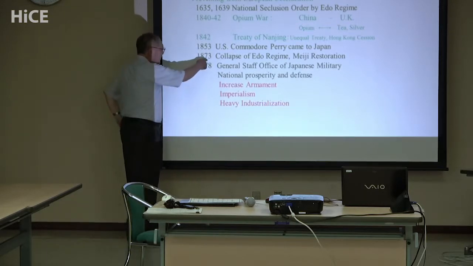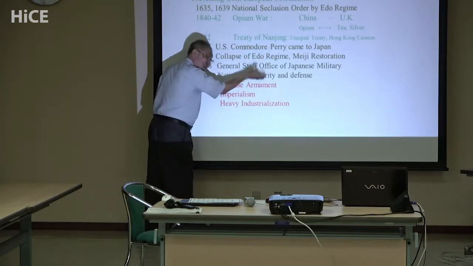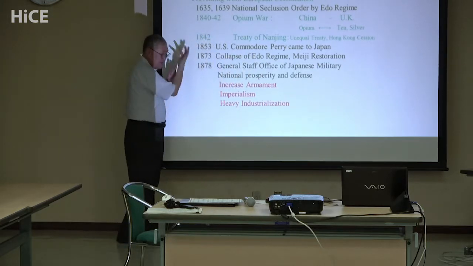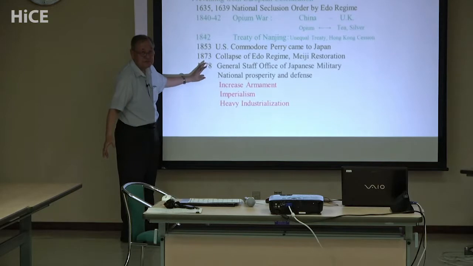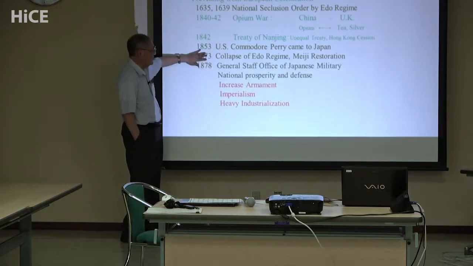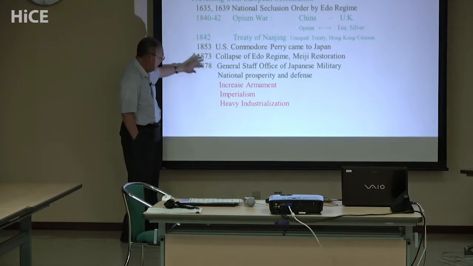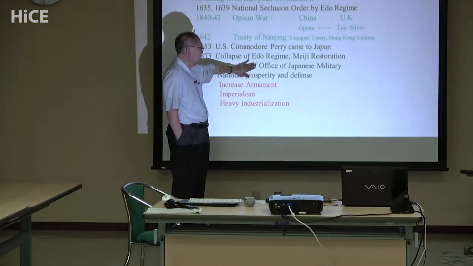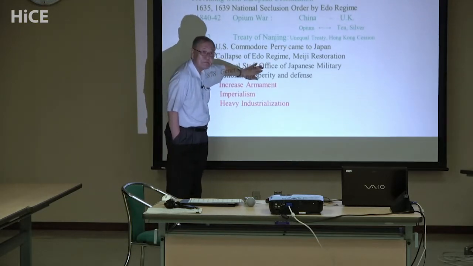Then, this is the epoch-making time, the Meiji era, the Meiji Restoration. And the Japanese social system collapsed and changed. Then just after the restoration, we established the General Staff Office of the Japanese military.